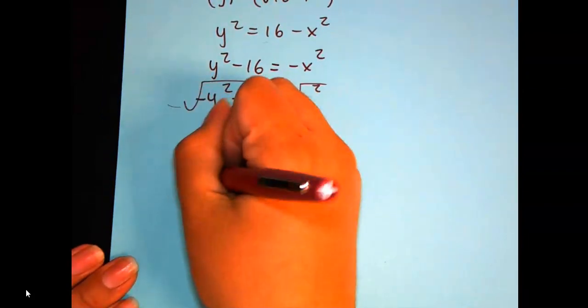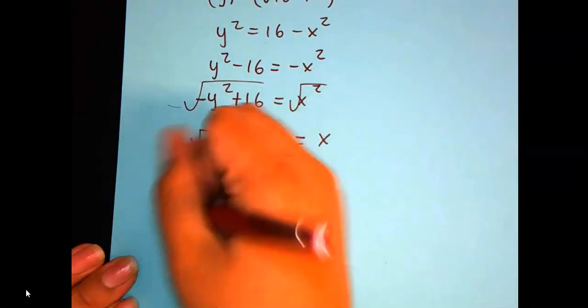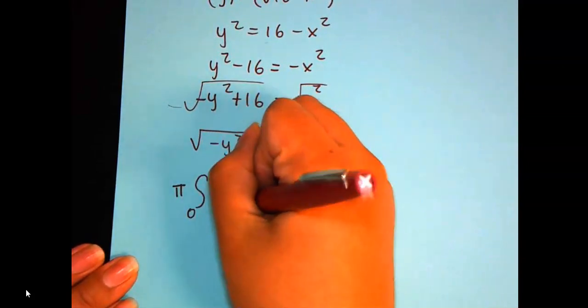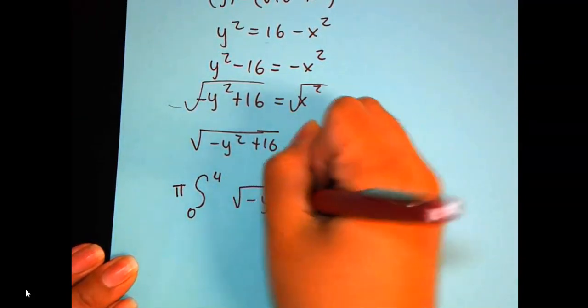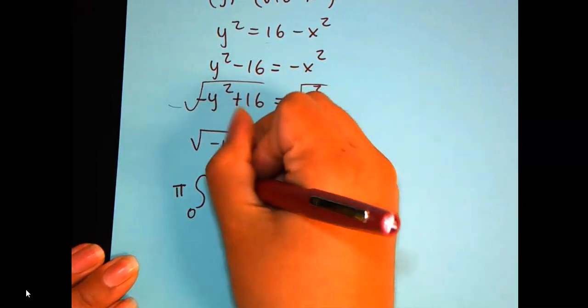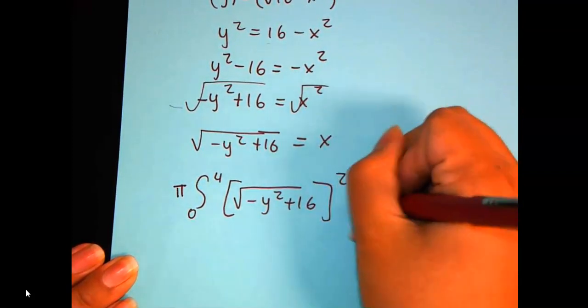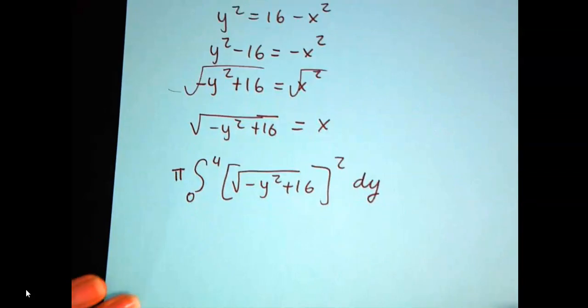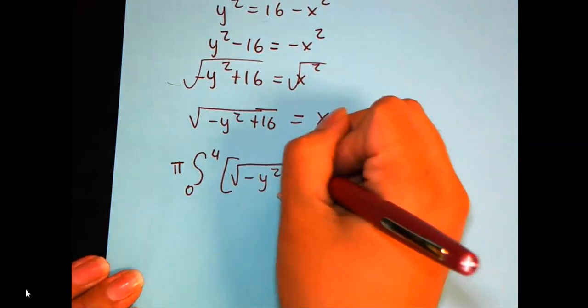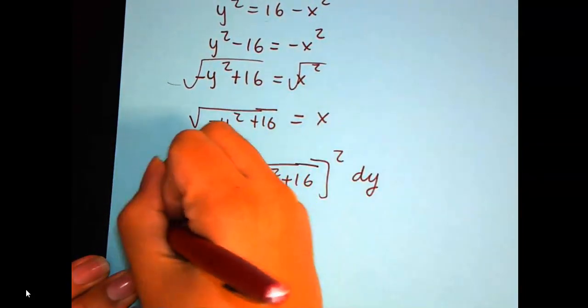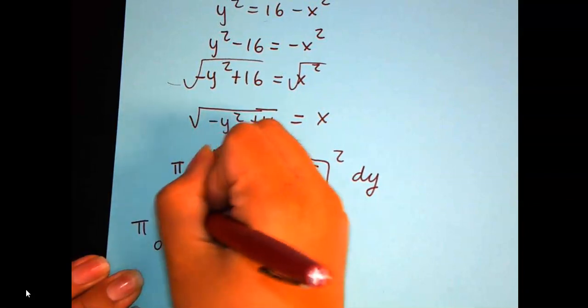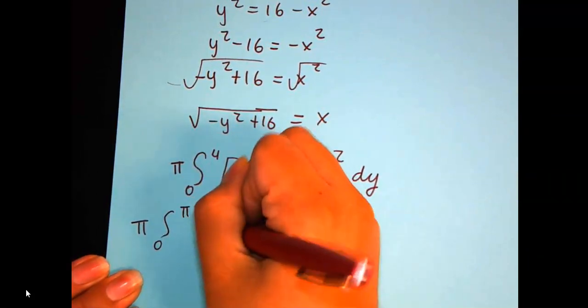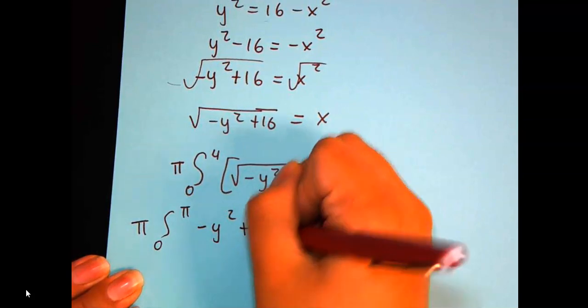So we're doing the integral, don't forget your pi in the front, from 0 to 4 of the square root of negative y squared plus 16, and we square this. Now it's in terms of y. The square root and the square cancel. So we have negative y squared plus 16.